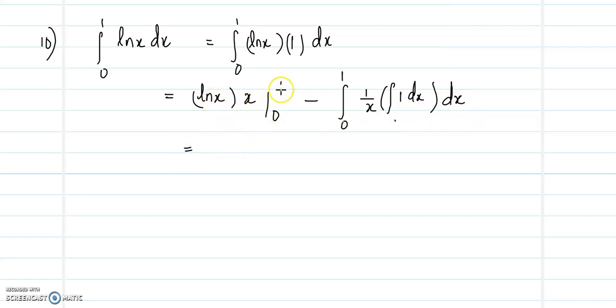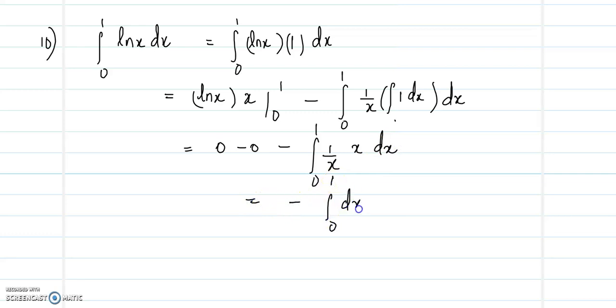At 1 we know that log 1 will be equal to 0, and at 0 x will be 0, and minus the integral from 0 to 1 of 1 by x, and the integral of 1 dx will be x. So this will be minus the integral from 0 to 1 of dx. That will be minus x from 0 to 1. So the value will be equal to minus 1.